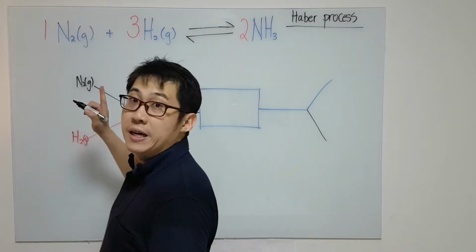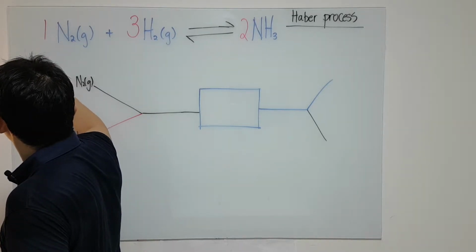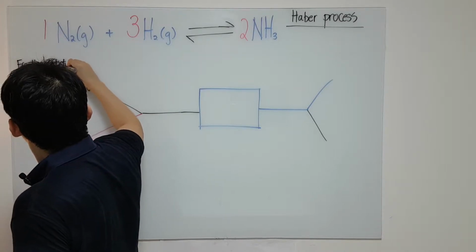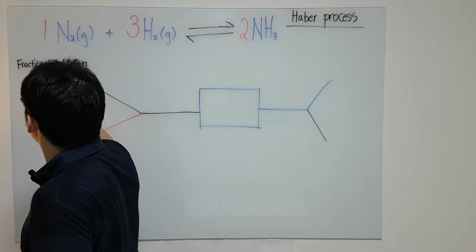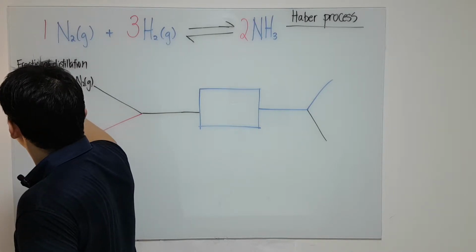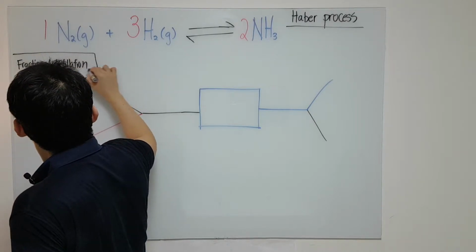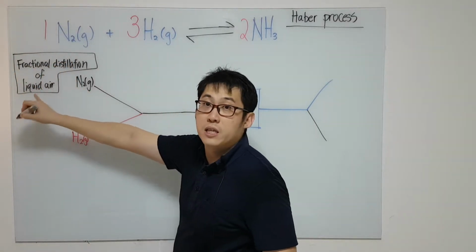Now, what you need to remember is how we obtain these gases. Please remember that your nitrogen is obtained by the fractional distillation of liquid air. Do remember this: fractional distillation of liquid air will give you nitrogen.